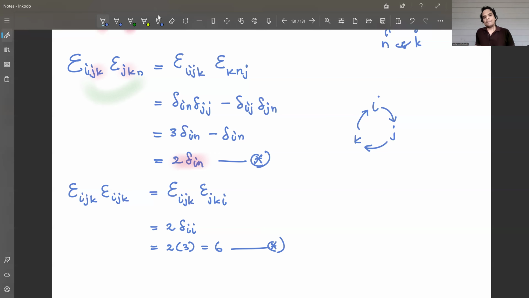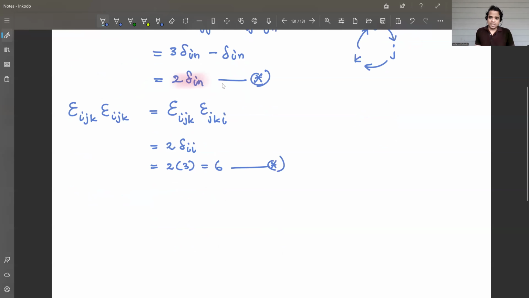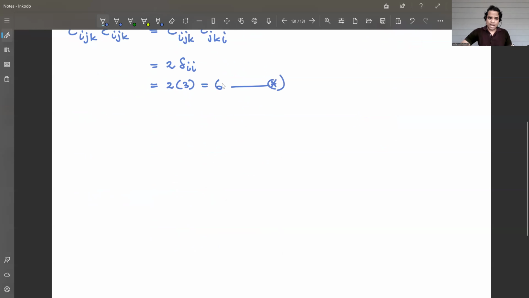Again, this is another very important relationship you must remember. Now I'm going to use these findings and develop an indicial notation for the determinant of a matrix. For this, I'm going to use our triple scalar product findings.